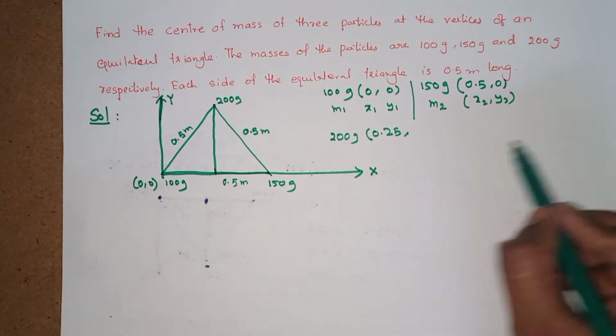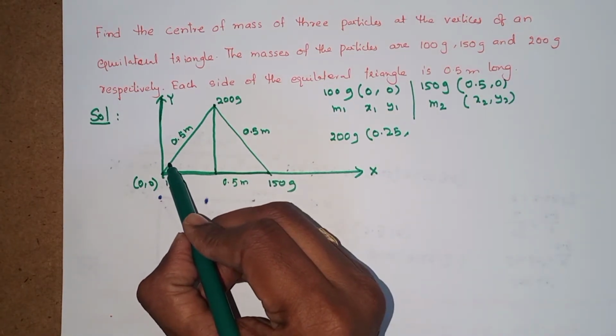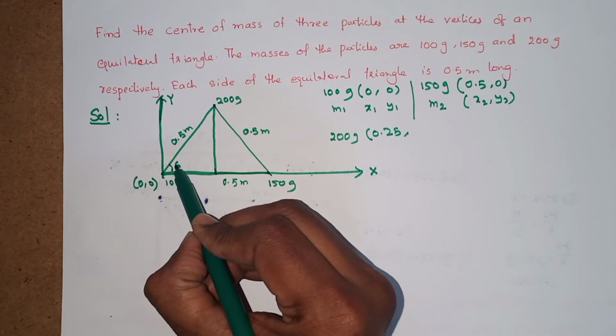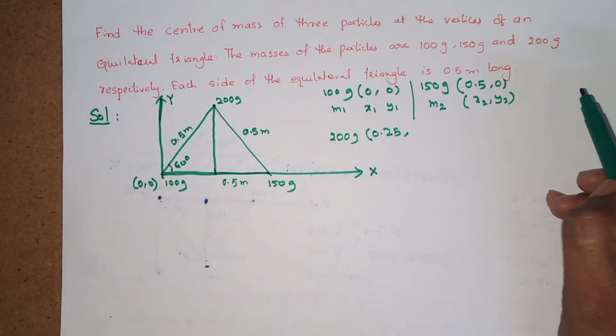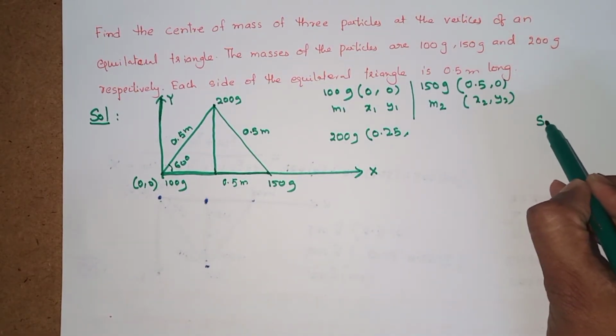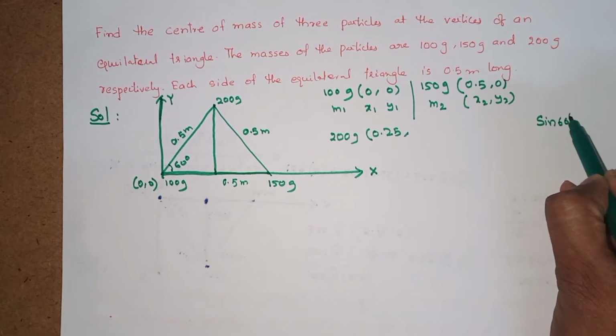Here it is an equilateral triangle, so this angle is 60 degrees. I apply sine 60 is equal to opposite side by hypotenuse.